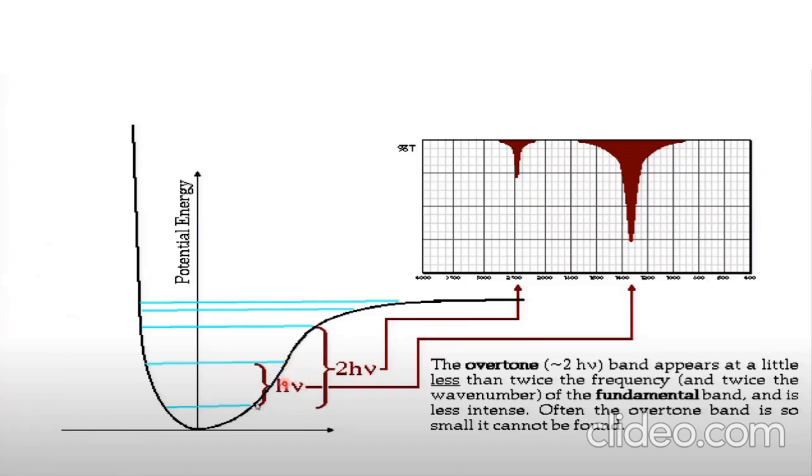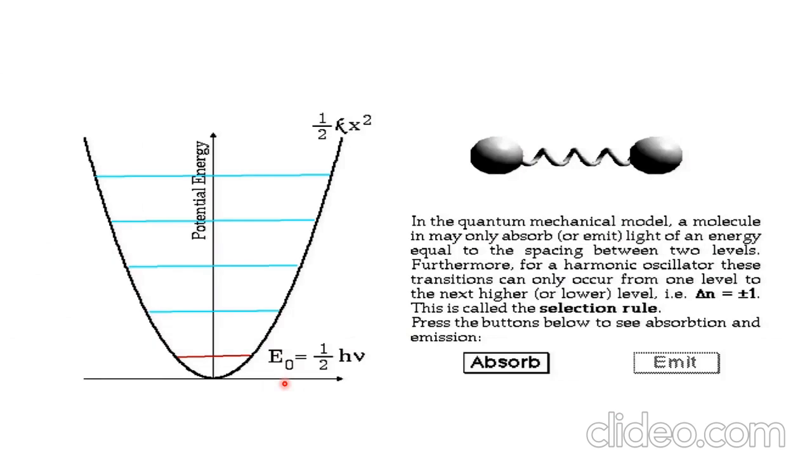Excuse me, ma'am, in the previous slide, could you please explain the selection rule once more? Yes. Suppose your molecule is in the lowest level, and it has to jump by only one; the difference should be only one.